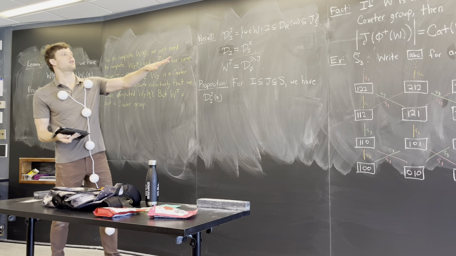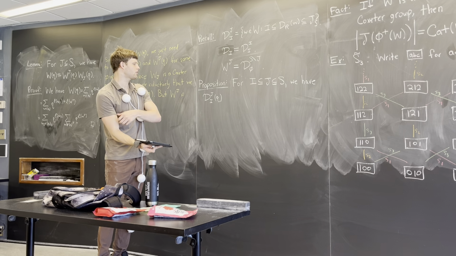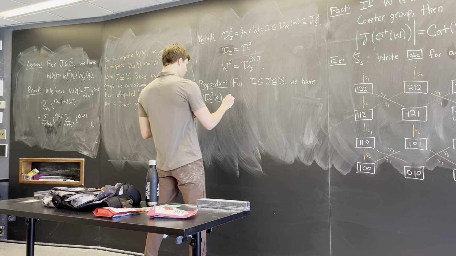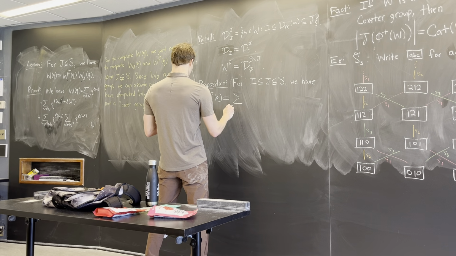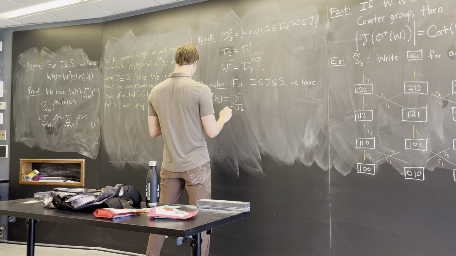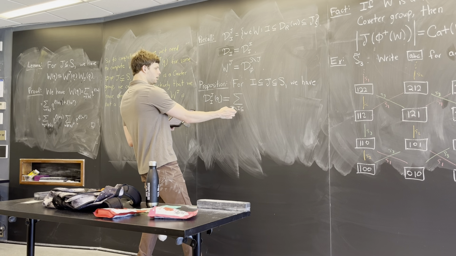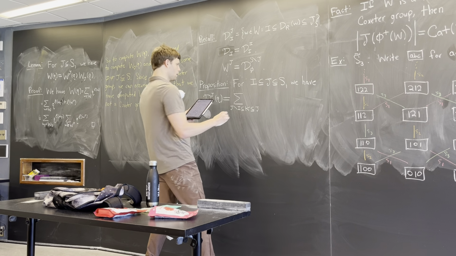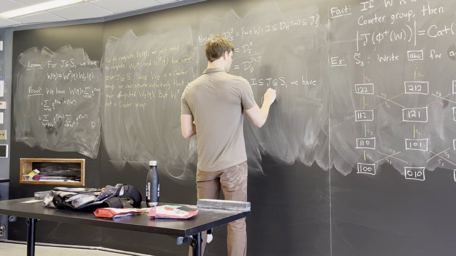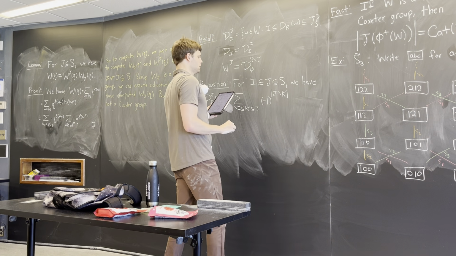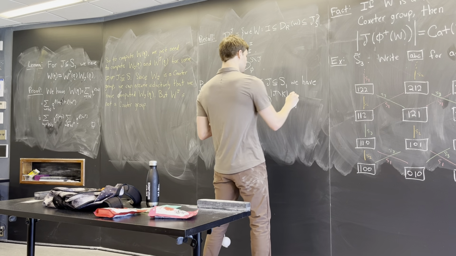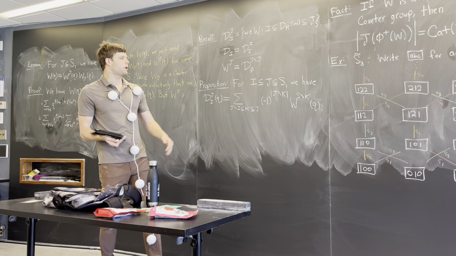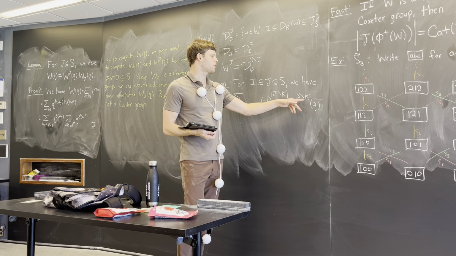This would be this generating function, but now we're summing over the elements whose right descent set is contained in J and contains I. This is going to be equal to the sum over all sets K that contain J minus I and are contained in J, of -1 to the power of the size of J minus K, times the parabolic quotient coming from the set S minus K.